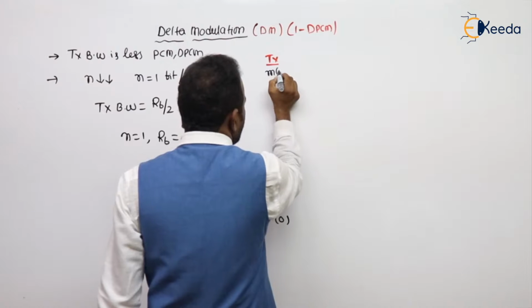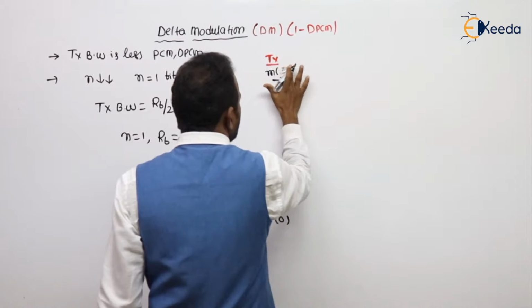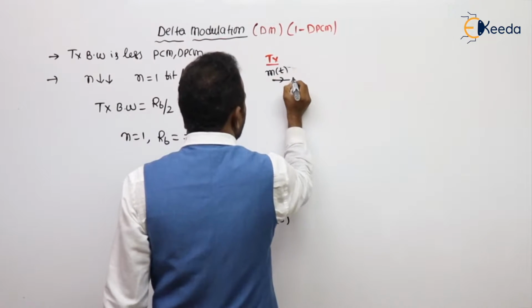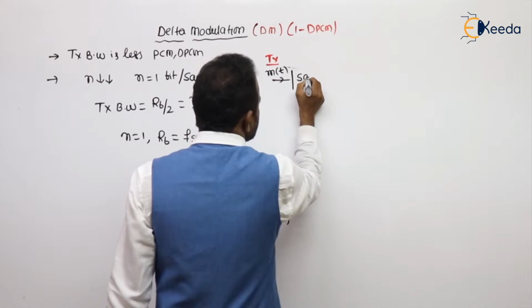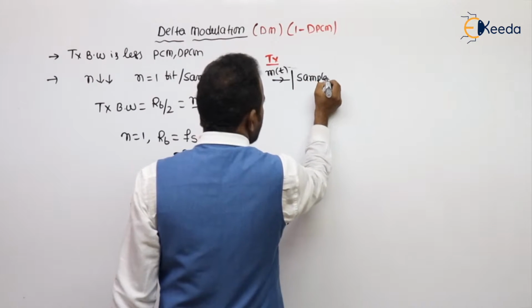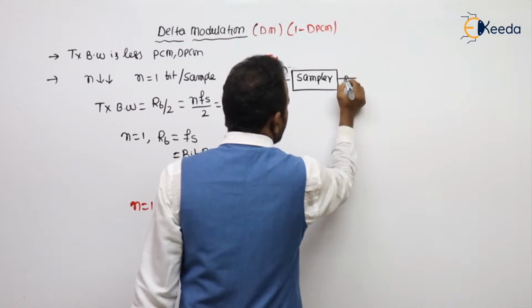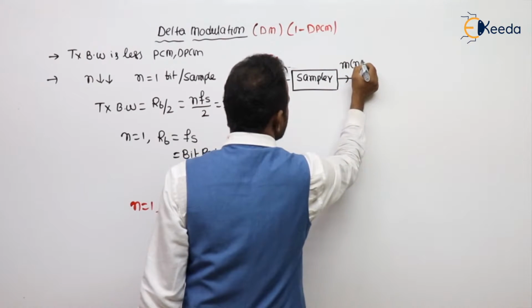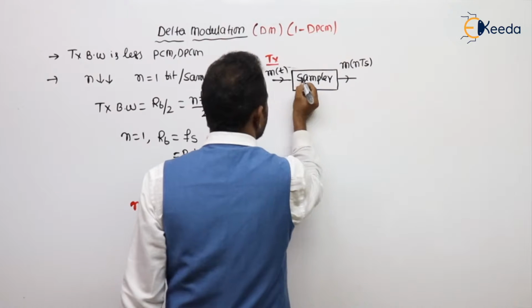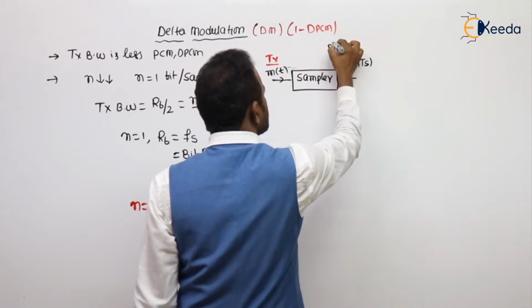For the sampler, we are giving our message, m of t. What will the sampler do? The sampler will give you the samples that we are calling the present sample, m of nTs.